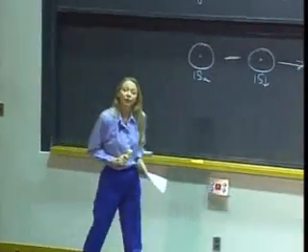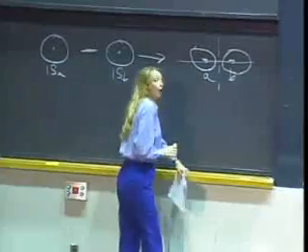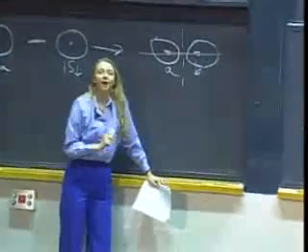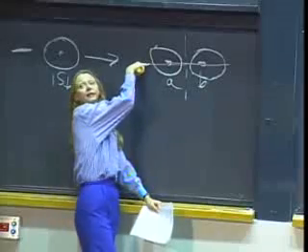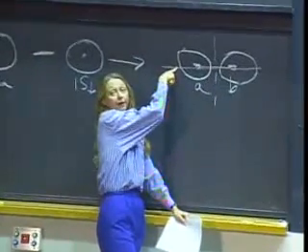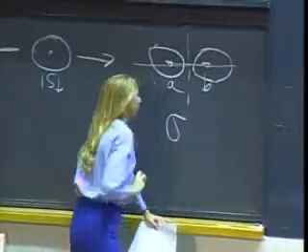How are we going to label this wave function? Well, we're also going to call it a sigma wave function. It's sigma, that's the symmetry because it's cylindrically symmetric around the bond axis, right?